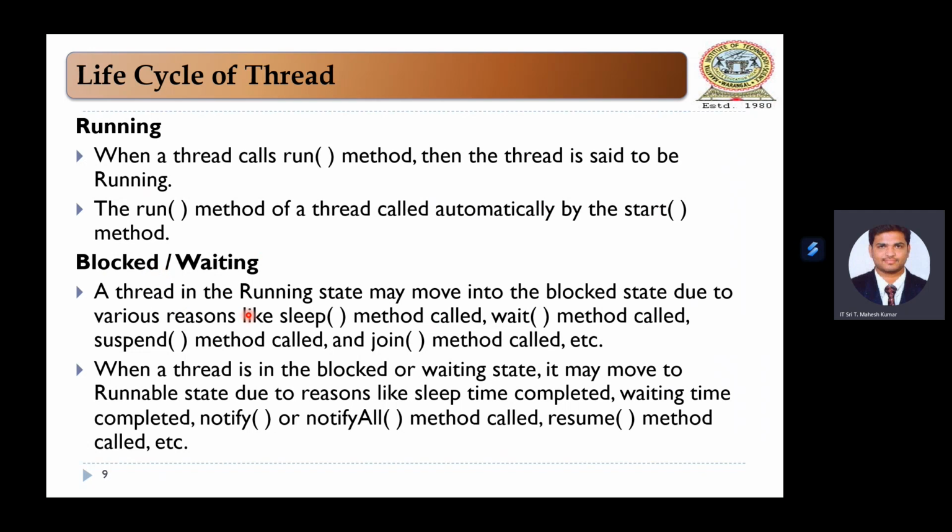When an exception occurs or the thread is blocked for any reason, we use the sleep method, wait method, or join method, etc. And when the blocked or waiting state is over, with the help of the notify method, notifyAll method, and resume method, the thread is informed to continue.